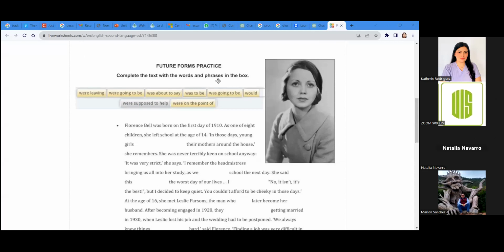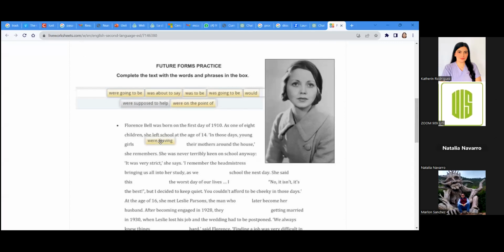Florence Bell was born on the first day of 1910 as one of 8 children. She left school at the age of 14. In those days, young girls, their mother around the house.